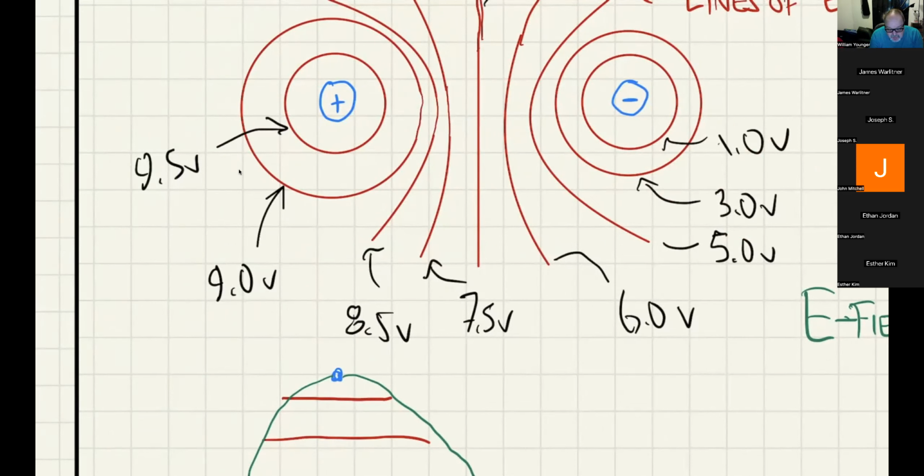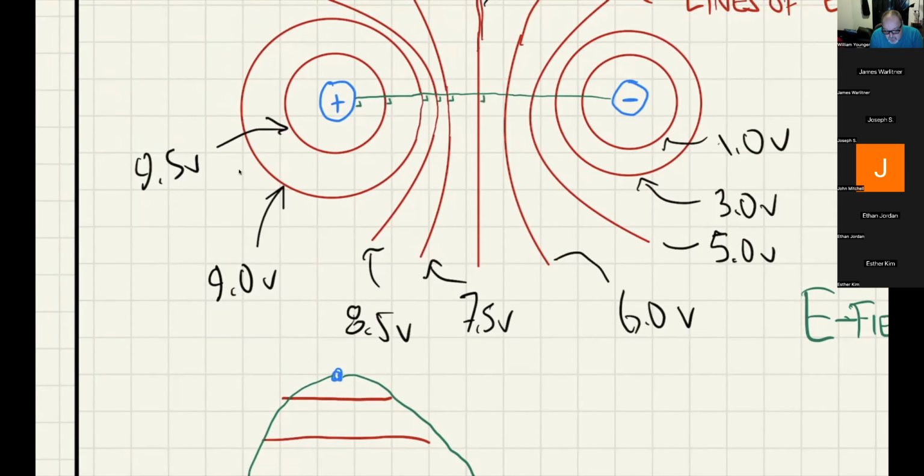I'm imagining this is perpendicular to, and by the way, all metals are equipotential surfaces. So you can pretend this point charge is really a piece of metal, because in the lab it will literally be a piece of metal. So I'll go perpendicular to this line, this line, and every one of these lines, and I'm trying to pretend they're all perfectly perpendicular. Obviously I missed a little bit, but you get what I'm saying.